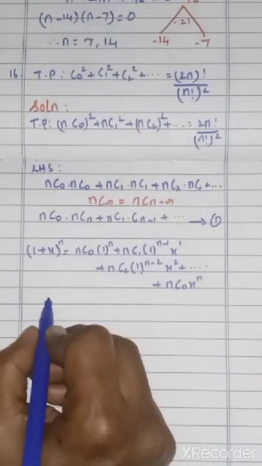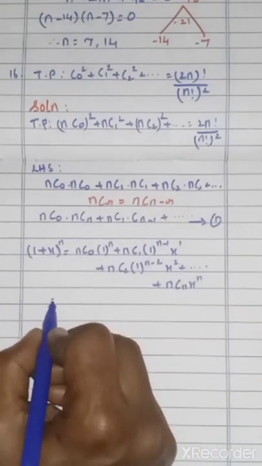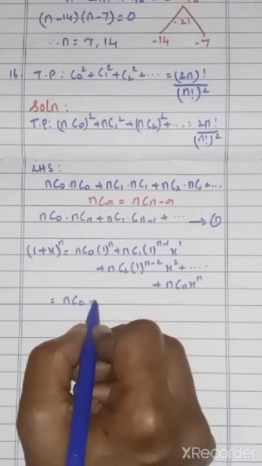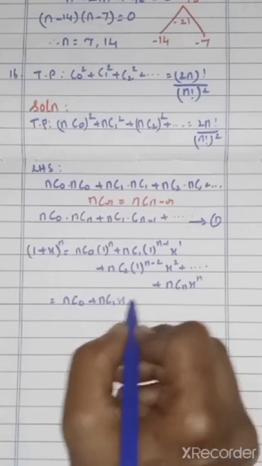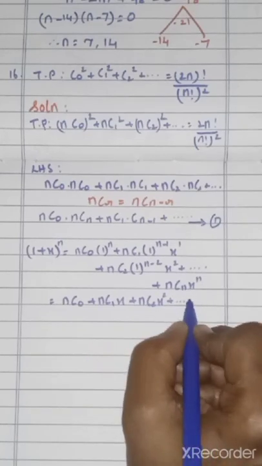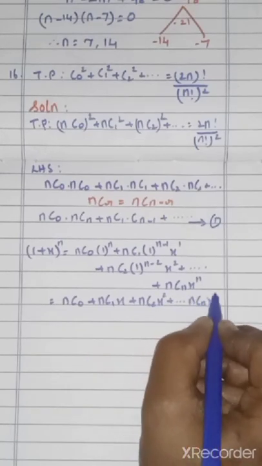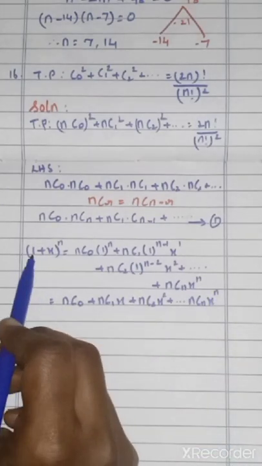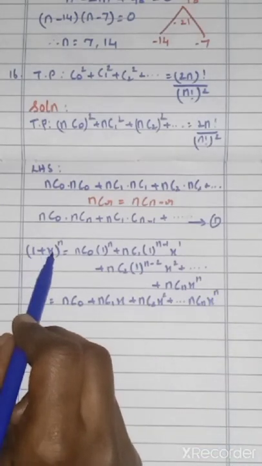So again, we can write this as nC0 plus nC1 x plus nC2 x square plus etc. plus nCn x power n. This is (1 plus x) power n.